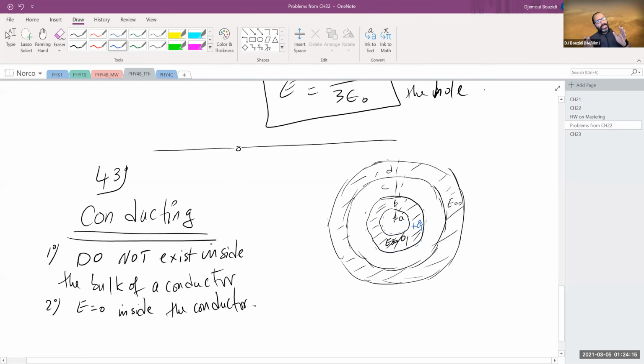Meaning I could have one q inside and another q outside, or half a q inside and 1.5 q outside, or 1.5 q inside and half a q outside, or I can end up with a negative 5 q's if you like inside and 7 q's outside, so that the total is still 2 q's.